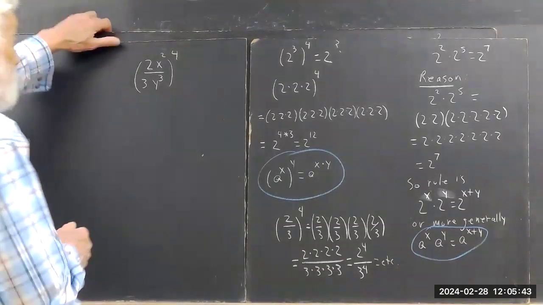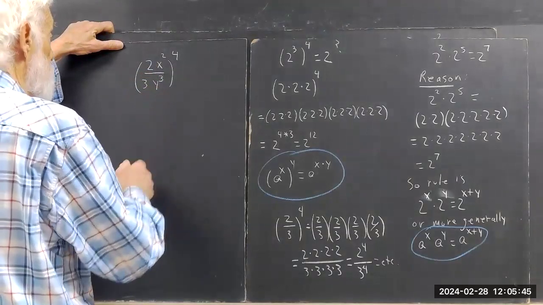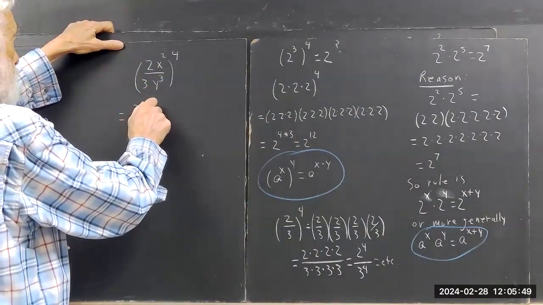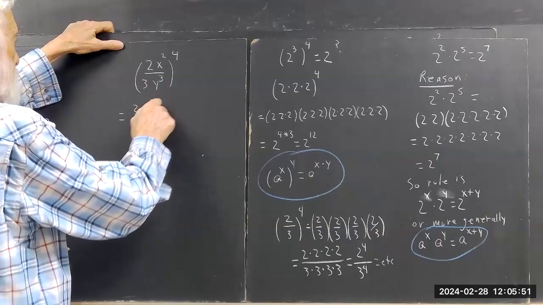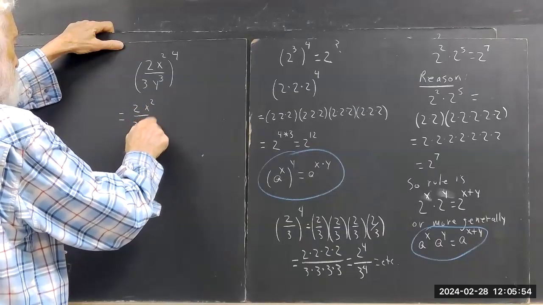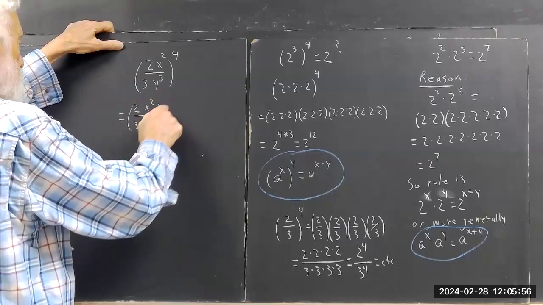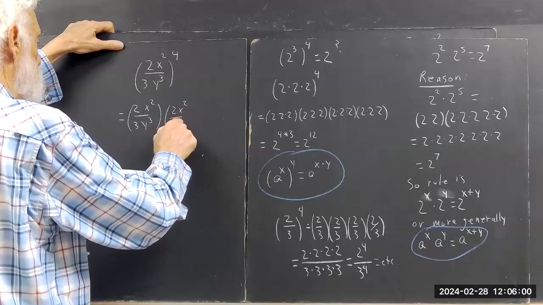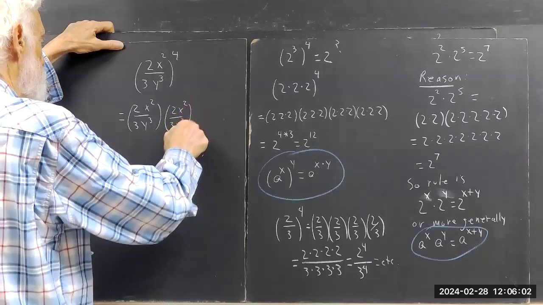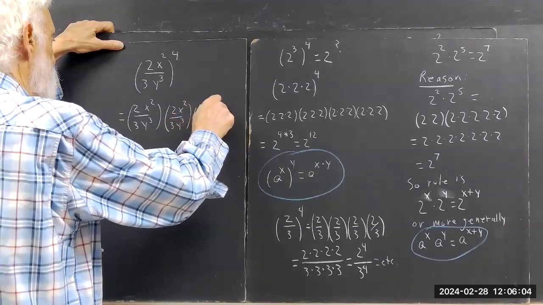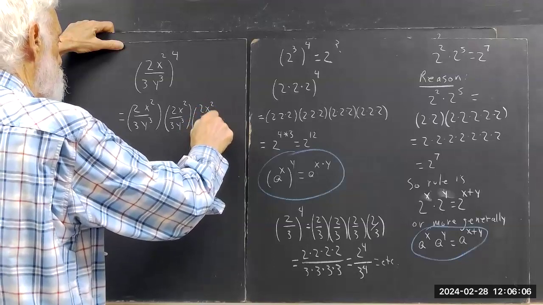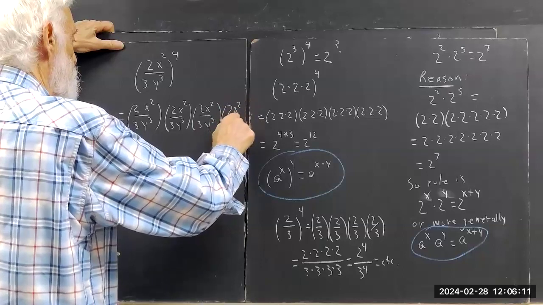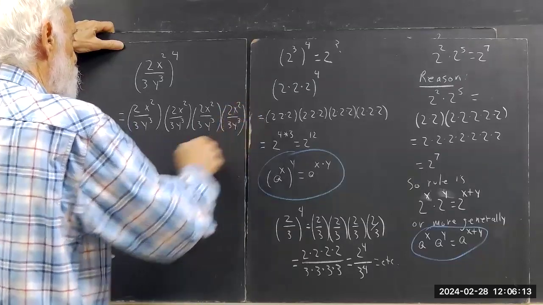Here we go. Okay, 2x squared over 3y cubed to the fourth means this.